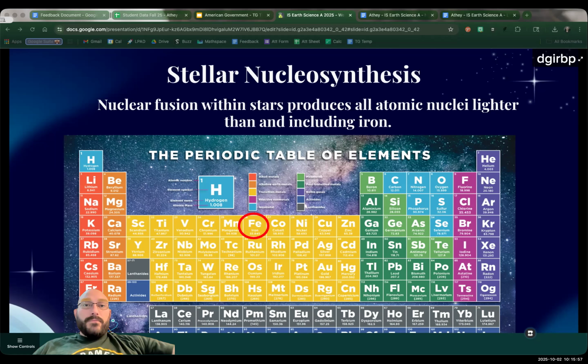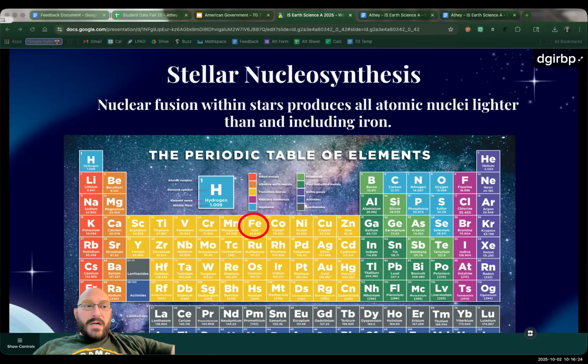But everything smaller than that, and everything up to iron, is made inside a star by smashing together smaller elements. If I want to make oxygen, I smash together two smaller atoms. If I want to make neon, two smaller atoms. If I want to make argon, element number 18, I can smash together two or more smaller atoms.